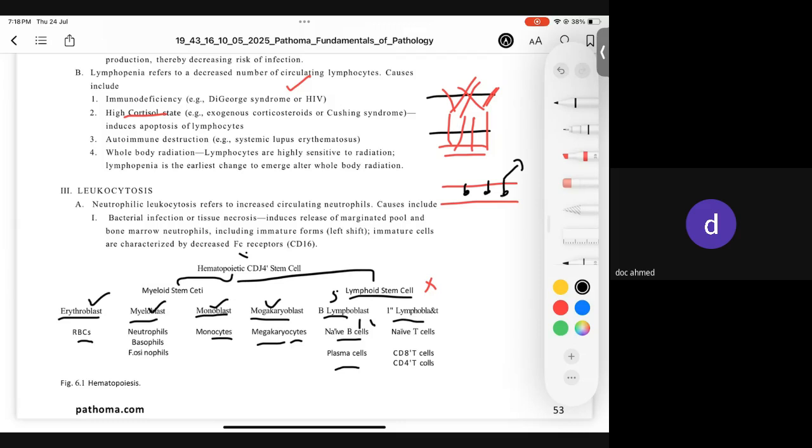We'll be having a lot of neutrophils. Why? Because glucocorticoids disrupt these adhesion molecules, and as they are disrupted, all of the neutrophils are going to leak into the blood. We have a lot of neutrophils. That's neutropenia, oh, okay, that's neutrophilia.